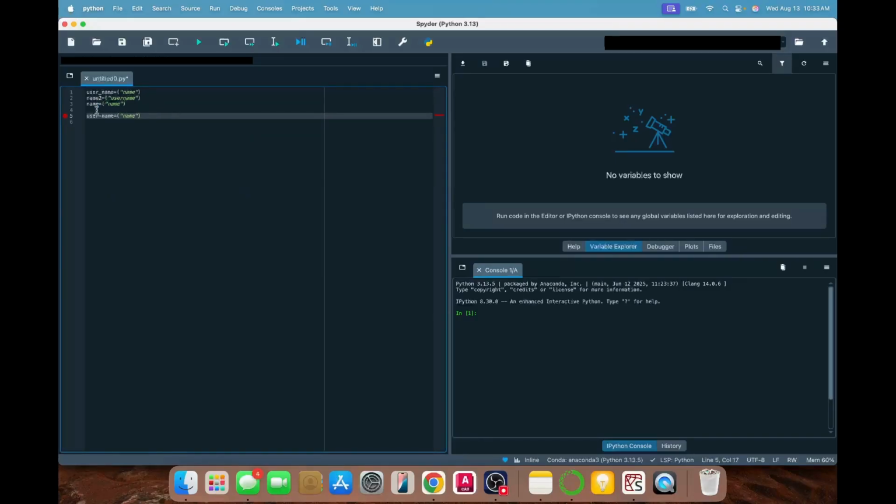This would be a bad naming rule since it uses a dash and it's not a supported character. Also, this would be a bad naming rule since names cannot start with numbers.